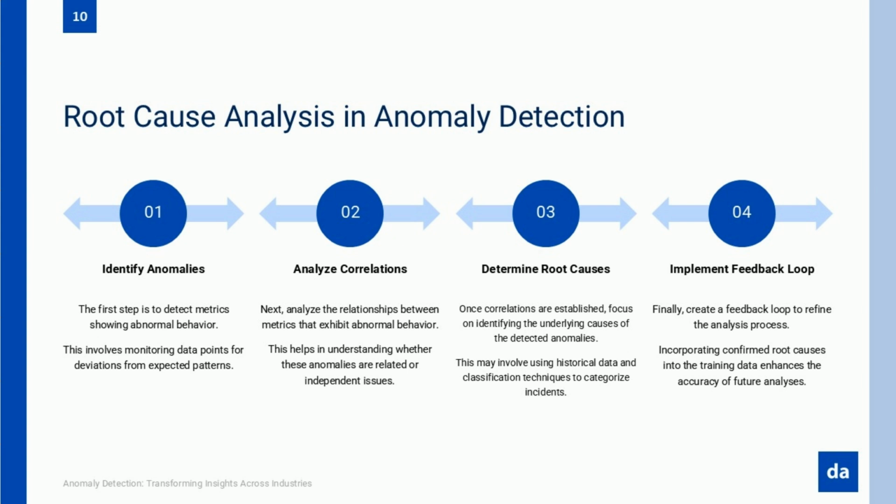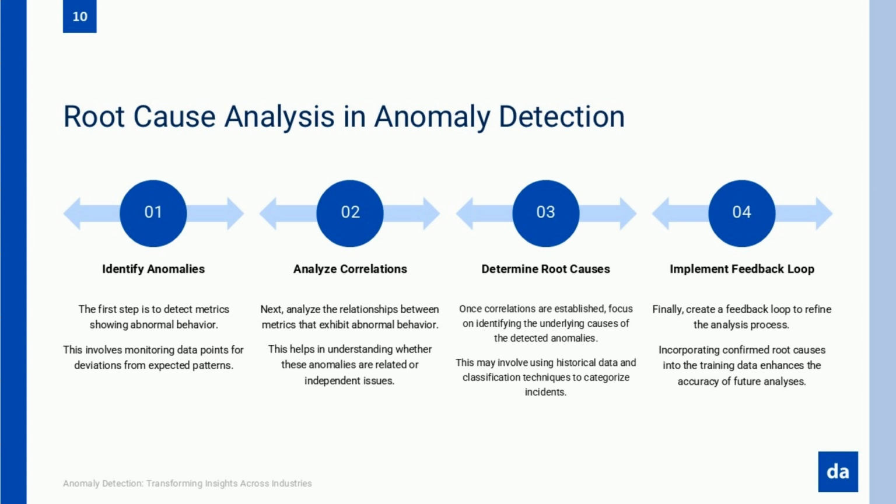Organizations with sufficient historical incident data can employ supervised classification approaches for root cause identification. By training classifiers on labeled examples from past incidents, these systems learn to recognize patterns associated with specific types of failures. When a new incident occurs, the classifier can categorize the anomaly and identify its likely origin based on similar historical patterns.